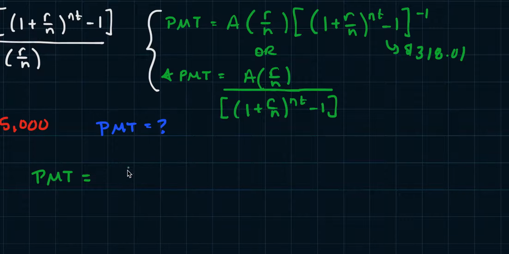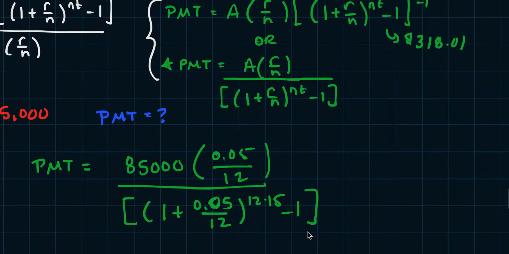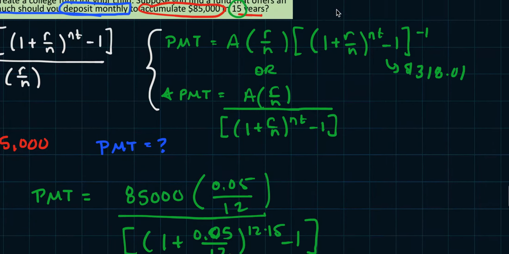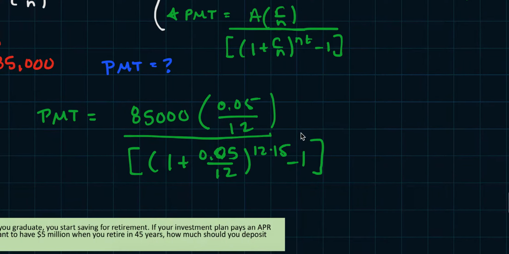So I'm going to write everything down. 85,000, 0.05 divided by 12, divided by 1 plus 0.05 divided by 12, raised to the 12 times 15 minus 1. So it's basically the same thing. The only difference was what we had written here is now in the denominator. Let's put it in our calculator.